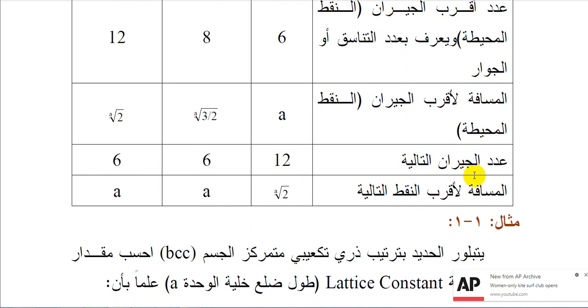The amount of the next adjacents: 12 for SC, and 6 for BCC, and 6 as well for the FCC.